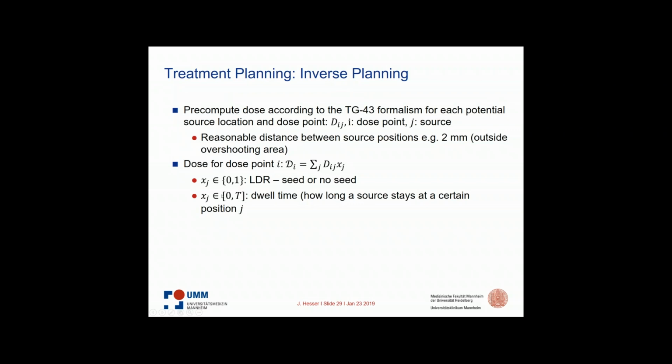So in this interval, a real number is taken instead. For the HDR it is the weight of this pre-calculated dose, which was computed for unit time, so it says how much dose results if the source resides a certain time at a certain position. For a seed, it's just 0 or 1. So if there's no seed, there's no dose, and if there's a seed, the unit dose d_ij is added to the dose for the dose point.